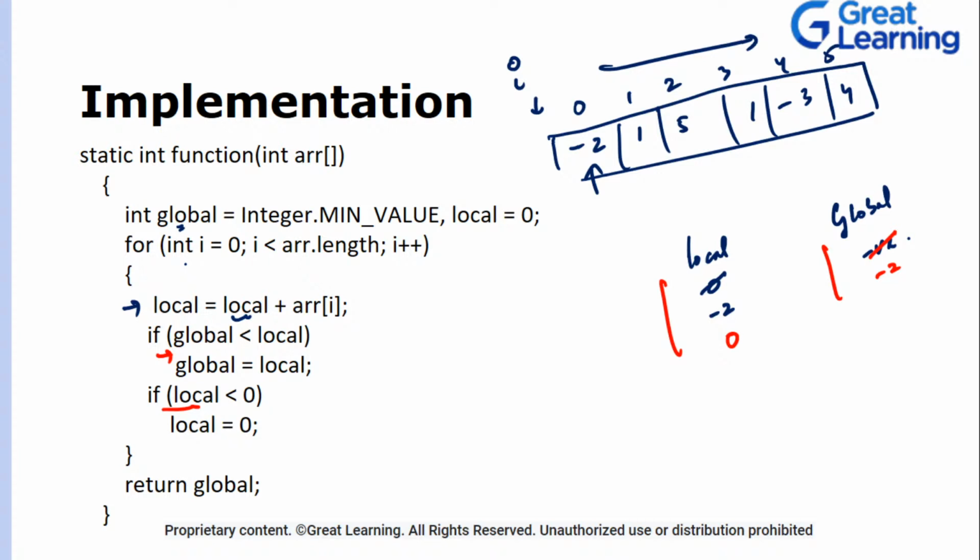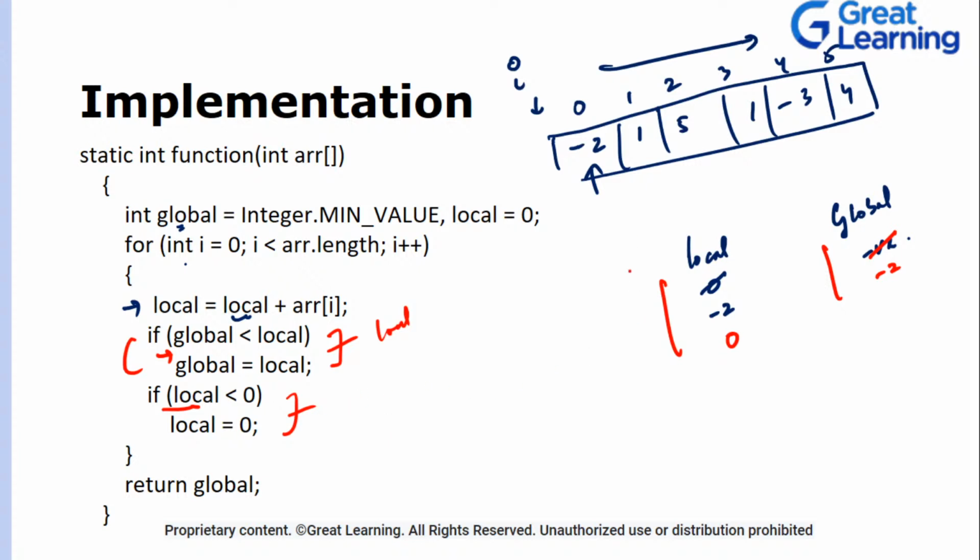Cool. So after one iteration, this happened. Now you might be thinking, sir, the check that global is less than local is for calculating the maximum value. But why are we checking if local is less than 0?